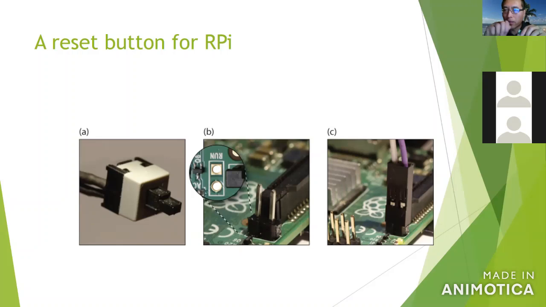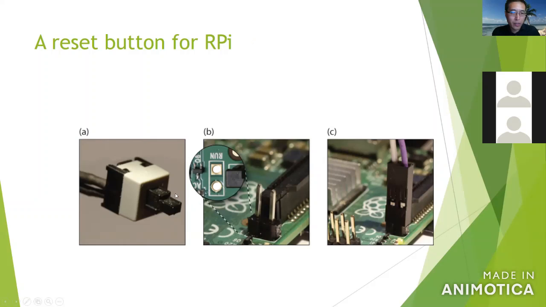So the only way you can get out from a stuck Raspberry Pi system is to unplug the power. By unplugging the power, sometimes you may destroy the board. Okay? So this is not a good practice. So to add a reset button may be a good choice, a good solution. Okay? So how to do that?